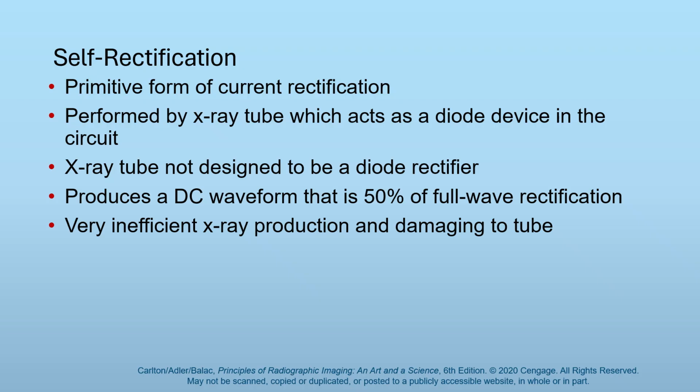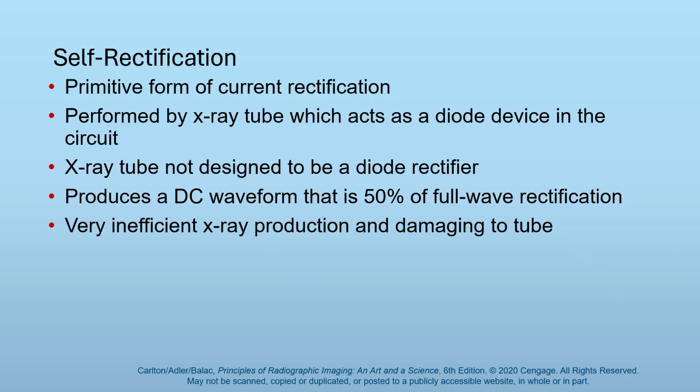Self-rectification. Before we figured out diodes, we used to just wire the X-ray tube straight to the high voltage transformer. And what that meant was that the X-ray tube was actually stopping the electron flow when we ran the current in the wrong direction.